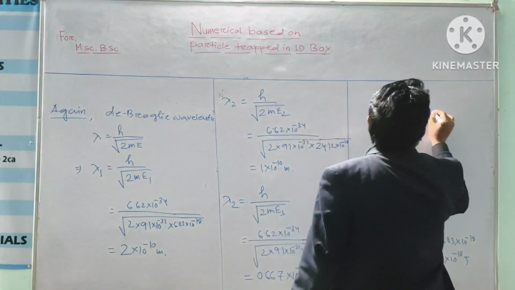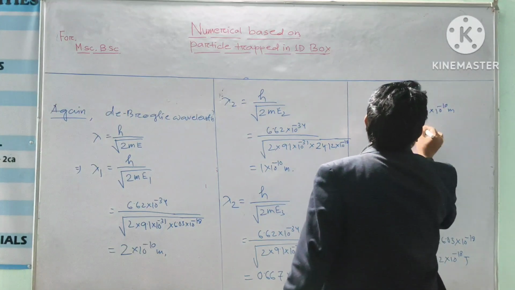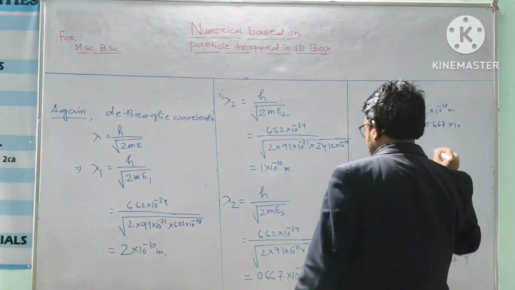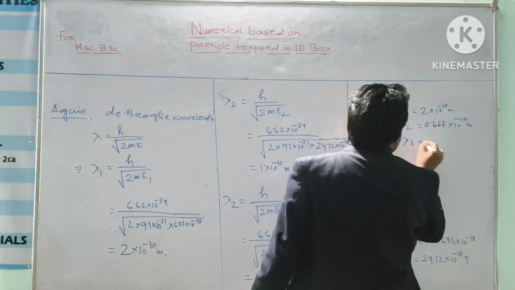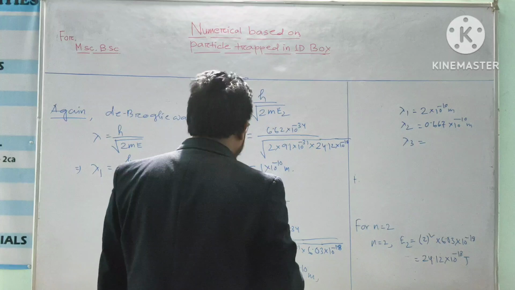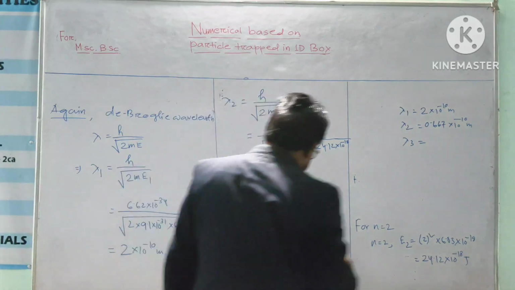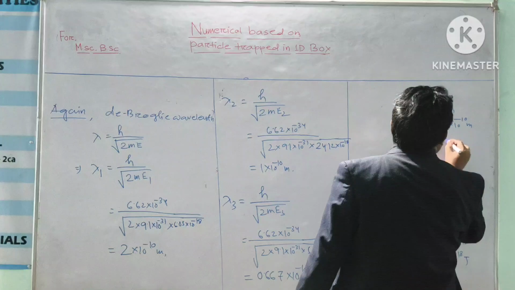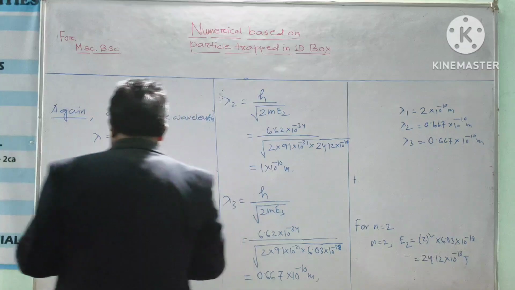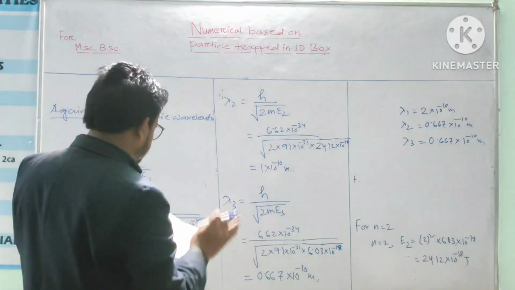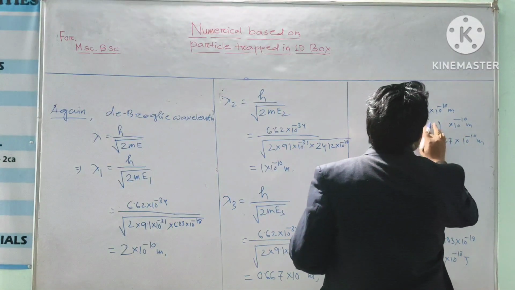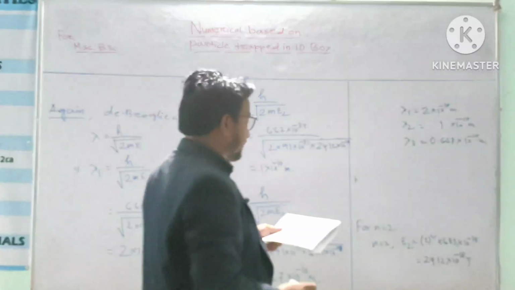Lambda 1 equal 2 into 10 to the power minus 10 meter, and lambda 2 equal 1 into 10 to the power minus 10 meter, and lambda 3 equal 0.667 into 10 to the power minus 10 meter.